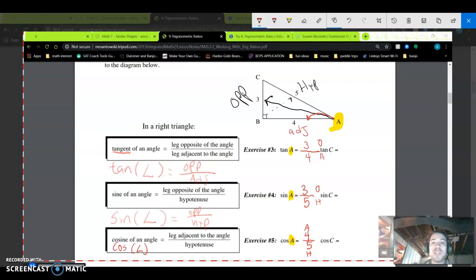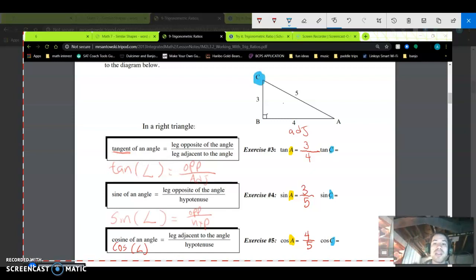All you're looking at is labeling the triangle and substituting in the values. Where things can be a little bit tricky, in fact, I'm going to erase some of these out of the way, is now we're going to be looking at a different angle, angle C. Next we're asked to do tangent of C, sine of C, and cosine of C. This means we're switching angles.